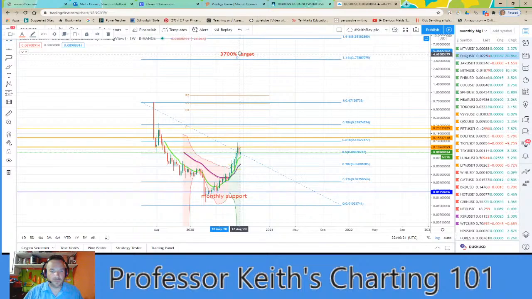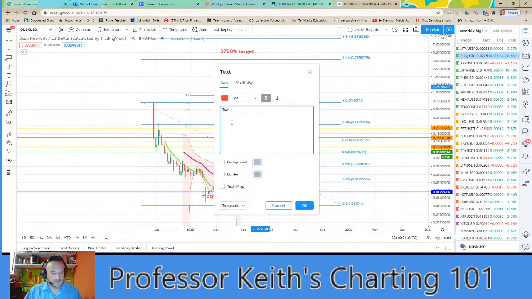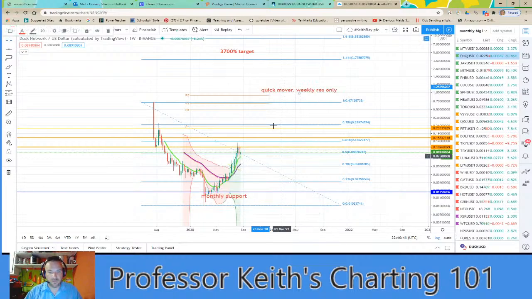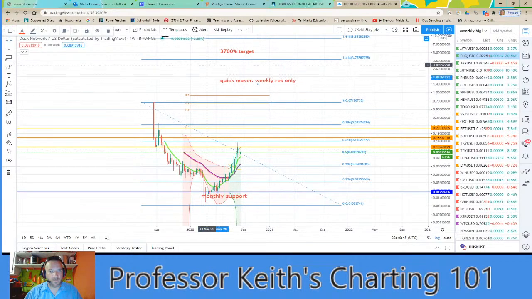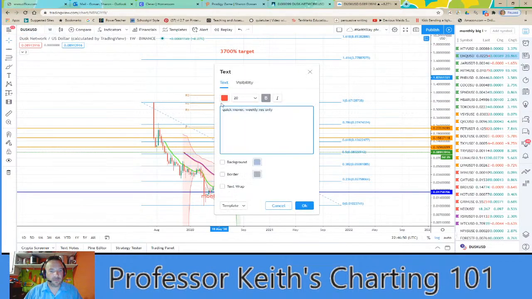Okay. And we need to write down here that this is a quick mover. Weekly resistance only. And put that in black.